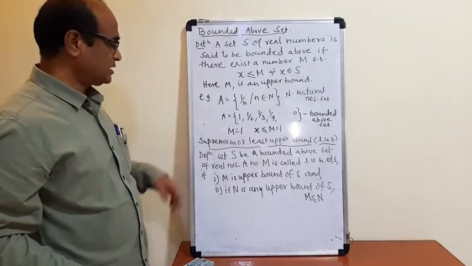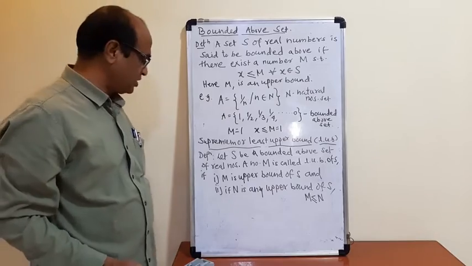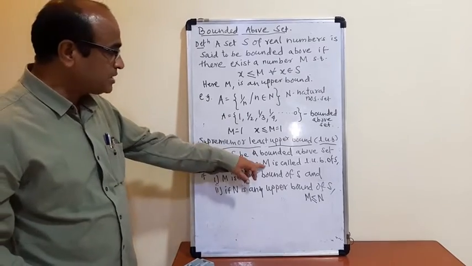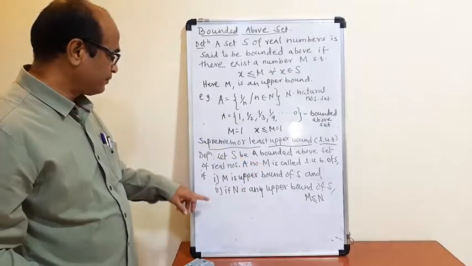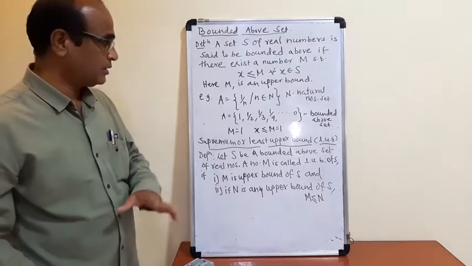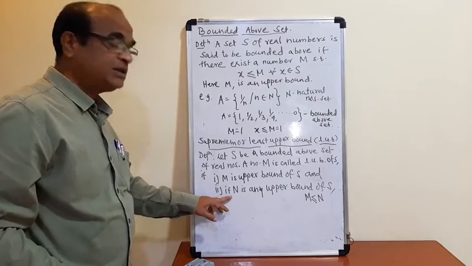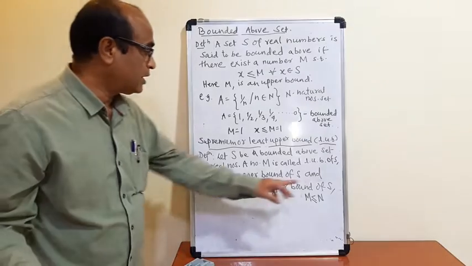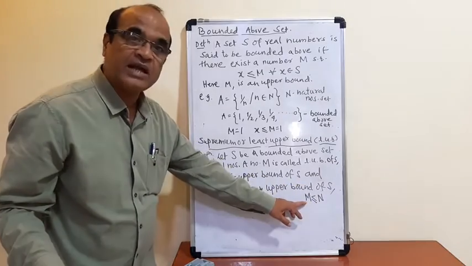Let S be a bounded above set of real numbers. A number M is called a least upper bound of S if M is an upper bound, and if N is any upper bound of S, then M is less than or equal to N.